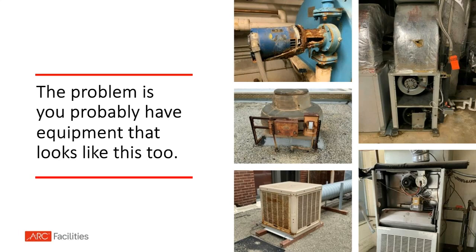But these are everywhere. I could take hundreds and hundreds of pictures when I'm out in the field with our team, and we see this stuff all over the place. And this stuff's on its last legs, but it's still running. But that equipment is going to fail. So knowing that in your FCA and identifying that is going to help you better plan.